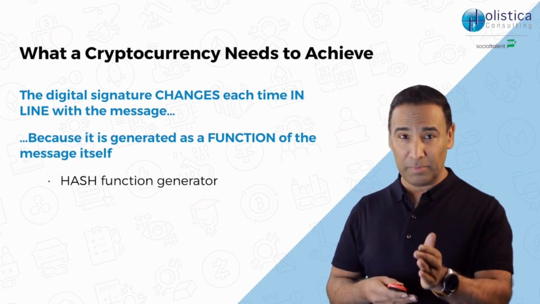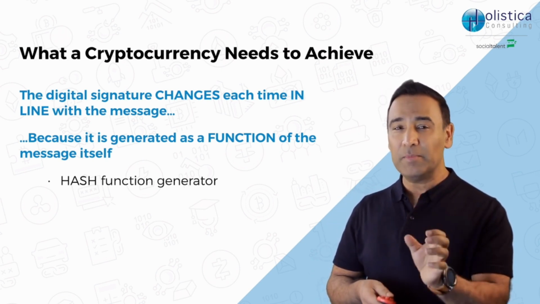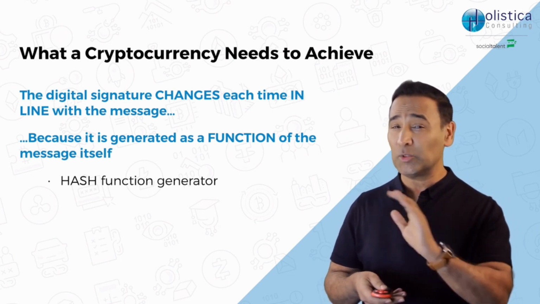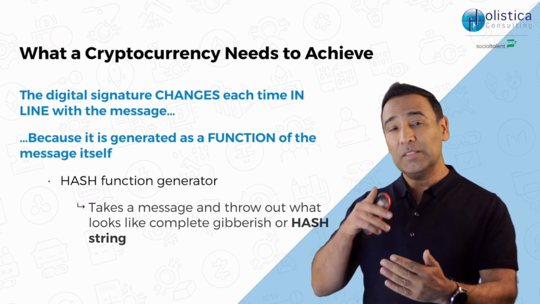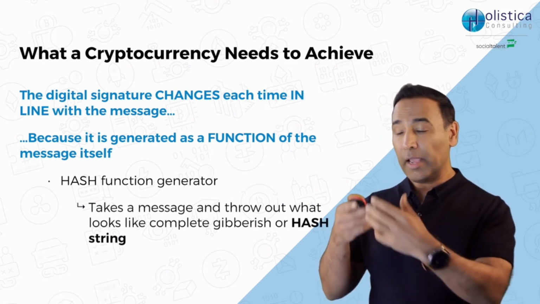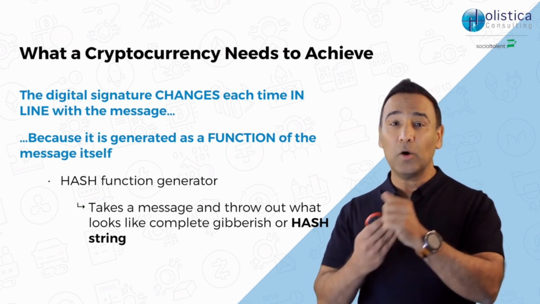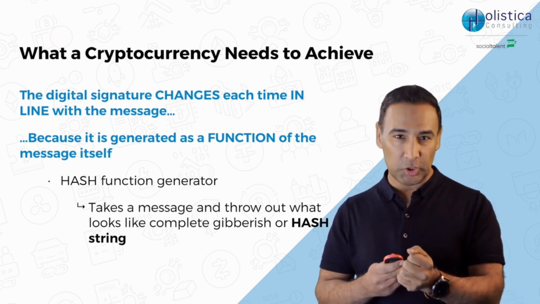Now, I know I'm getting mathematical here, but this is the famous hash function. And what a hash function is, and you'll see this later, is that it can take a message, any sort of alphanumeric message, and throw out what looks like complete gibberish.